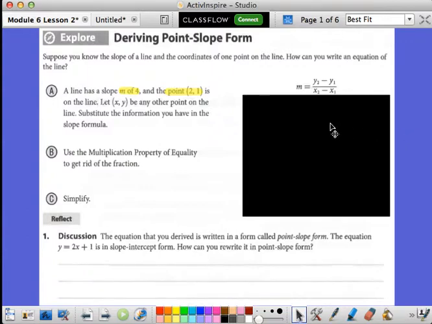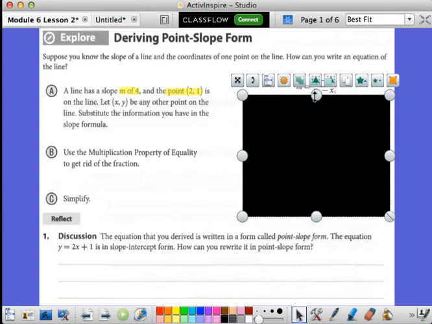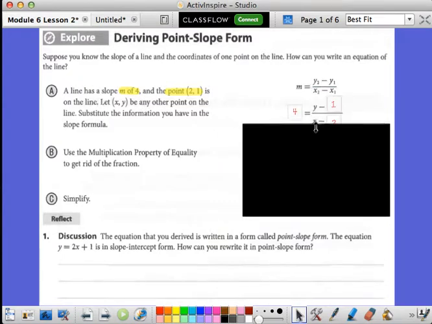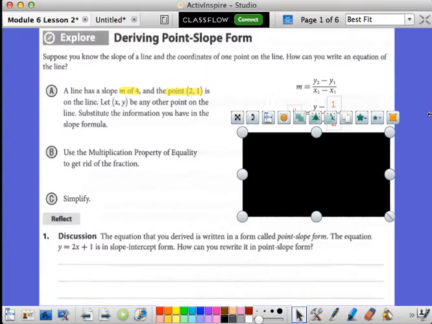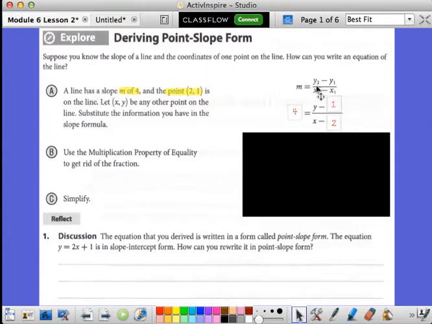We substitute this information into our formula. In this case, we don't know one of the points, so we substitute 4 for m, and replace y1 with 1 and x1 with 2, our 2 points.